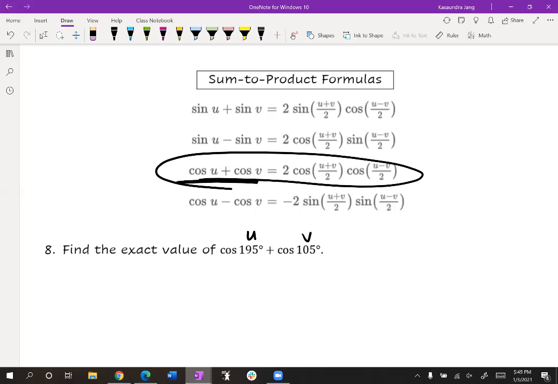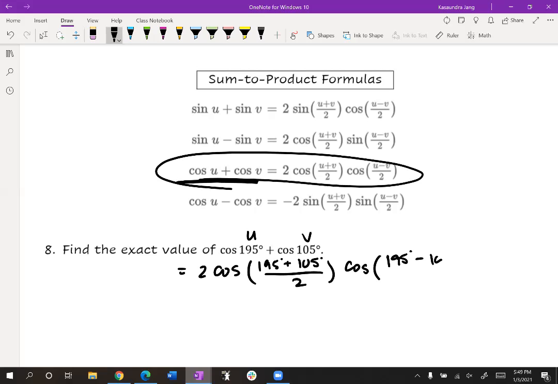So this will equal 2 times cosine of the u plus v over 2 times the cosine of the u minus the v over 2.